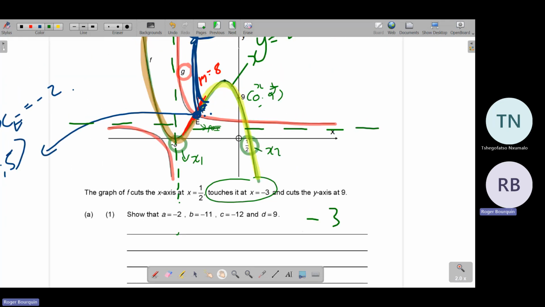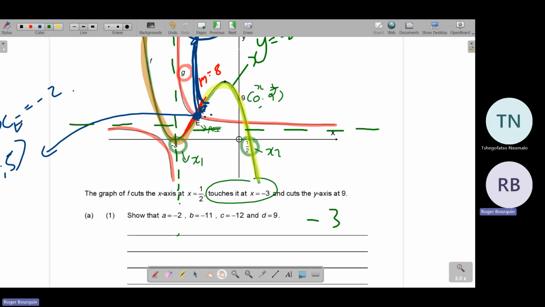So now we're looking for the axis of symmetry with a positive gradient. What's the key thing to remember? Two things. It always goes through the point of intersection of the asymptotes. There's one with a gradient of 1, there's one with a gradient of negative 1.